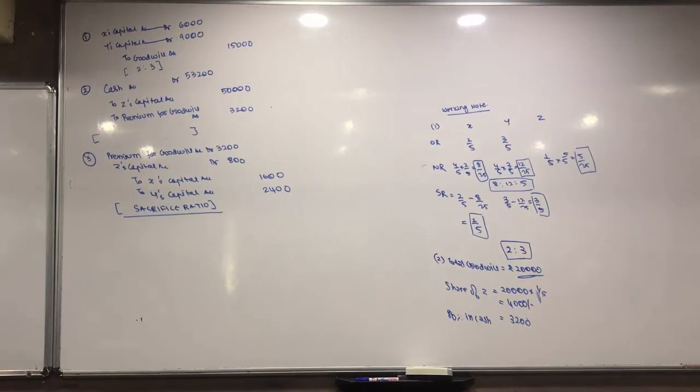Old partners withdrew 40% amount of goodwill in cash. Okay, so let's record that.